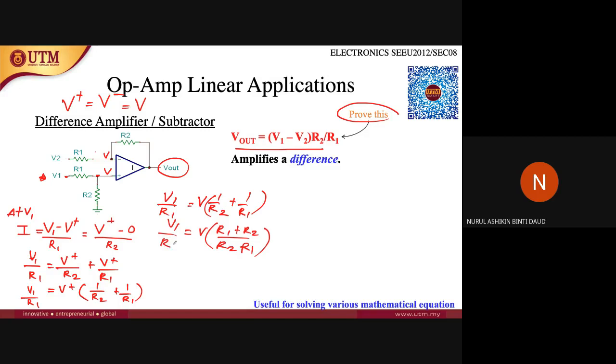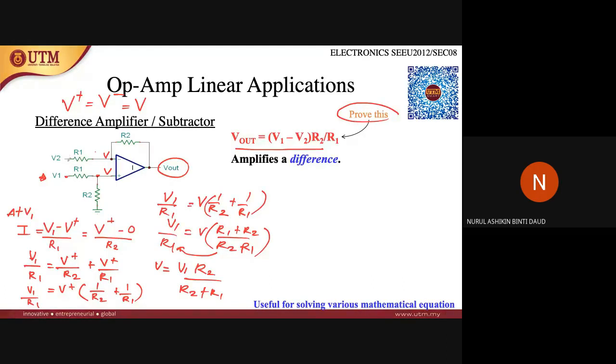Since we don't know the V, make it the main. So V equals V1 R2 over R2 plus R1, because you bring this to here. So you will get the V value as V1 R2 over R2 plus R1.